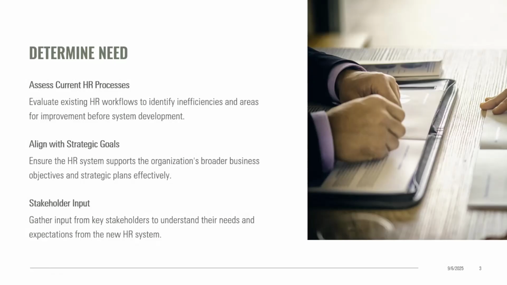The stakeholders here are your employees, who are temporary, permanent, part-time, or need-based. So gather all the information from these stakeholders and consider the industry trend. So this is the first step in developing an HR system: determining the need.